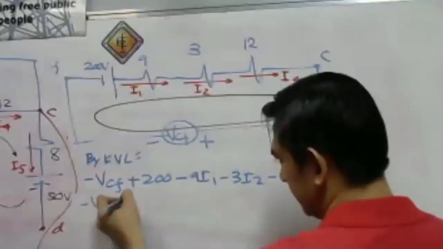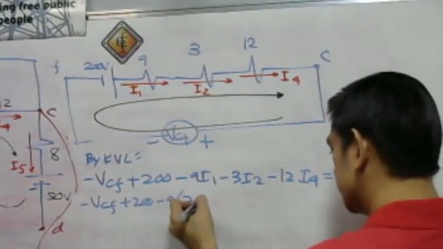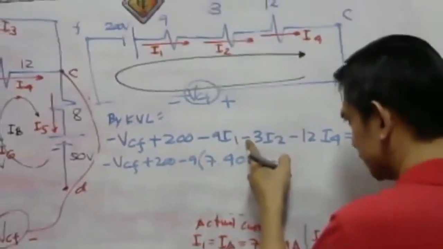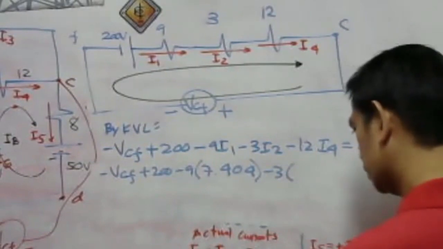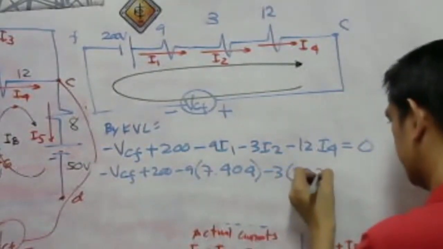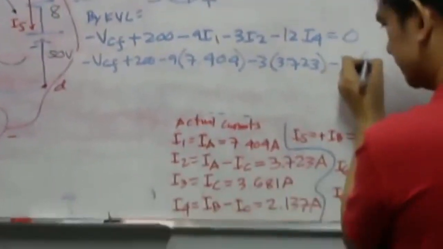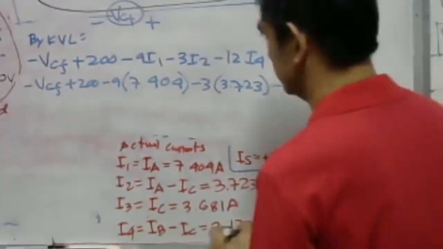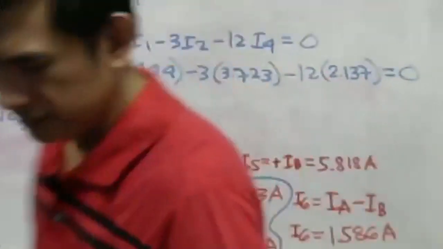Negative BCF plus 200 minus 9 times I sub 1, which is 7.404, minus 3 times I sub 2, which is 3.723, minus 12 times I sub 4, which is 2.137, that is equal to 0. Then, what is our BCF equal to? Let's see if they will have the same answer as before.